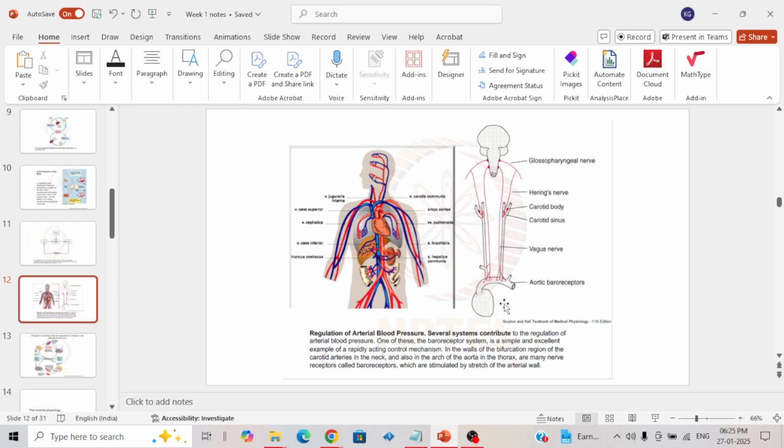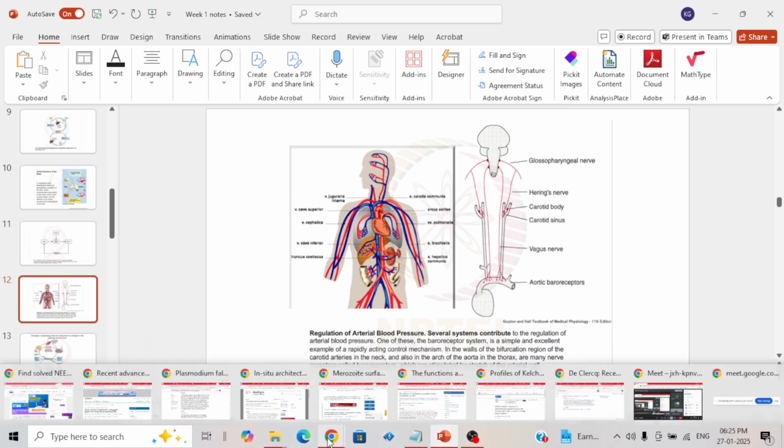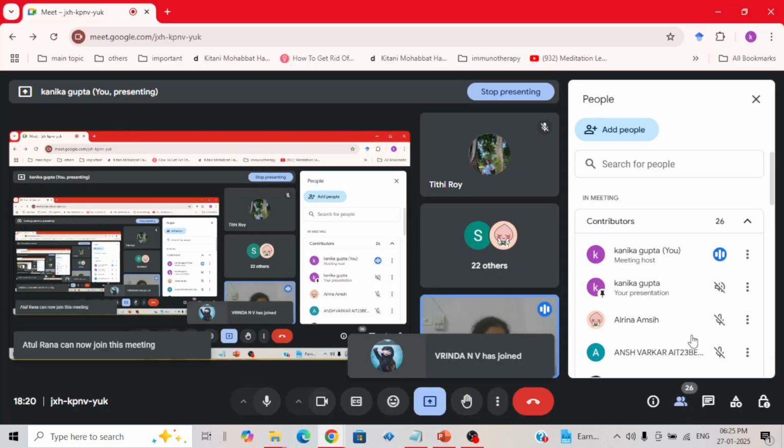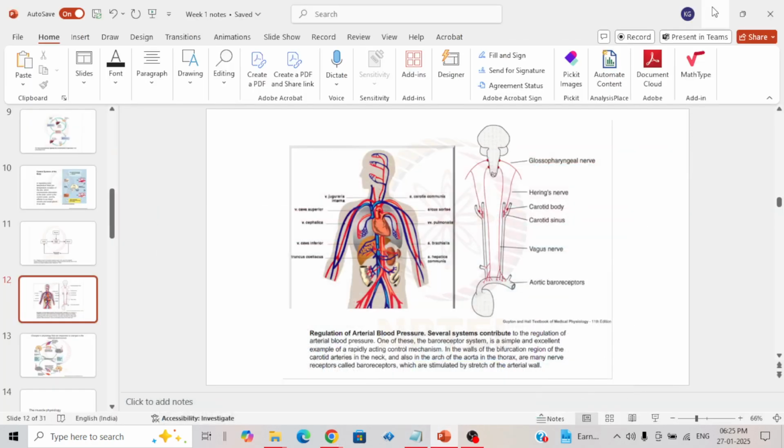So this happens like the vagus nerve is the one which is involved, along with the glossopharyngeal nerve. So as I told you, this vagus nerve has its nerve endings inside the aorta walls.